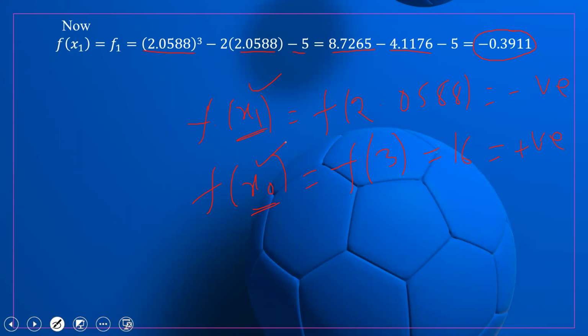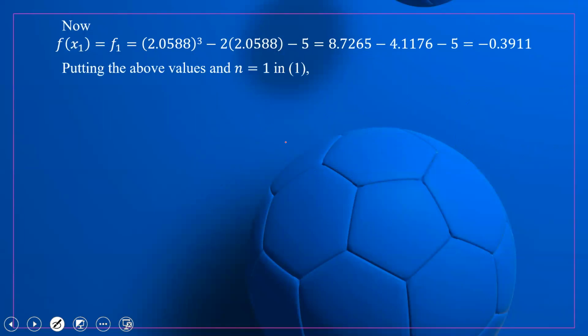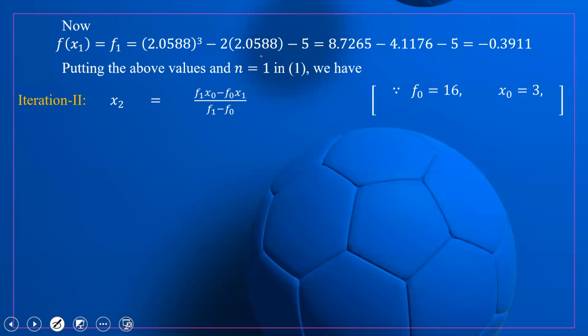So let us take the next iteration. Putting the above values and n equal to 1 in 1, we have iteration number 2. x2 is equal to f1 x0 minus f0 x1 divided by f1 minus f0. Now the f0 is 16, x0 is 3, f1 is minus 0.3911 and x1 is 2.0588.